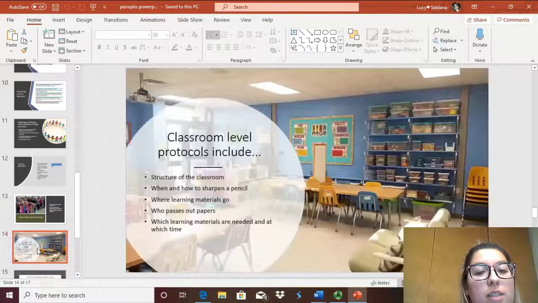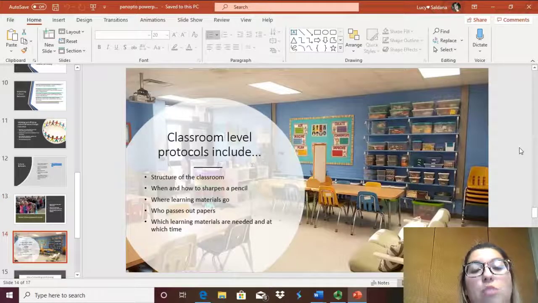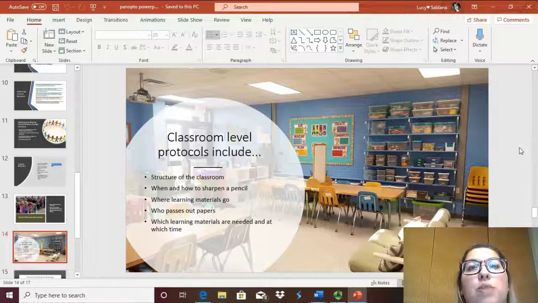So the next slide talks about classroom level protocols, which is mostly what the teachers do individually in their classrooms. This includes the structure of the classroom, so where you put the stuff away, what they do when they come in, like a schedule, the transitions that they go through.